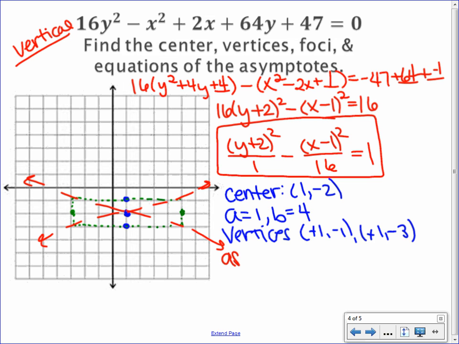So, our asymptotes. First of all, our center is at 1, -2. That's going to be our point for point slope form. The positive slope, what's the slope? Up 1 over 4. So, y minus 2 equals 1/4 times x minus 1.